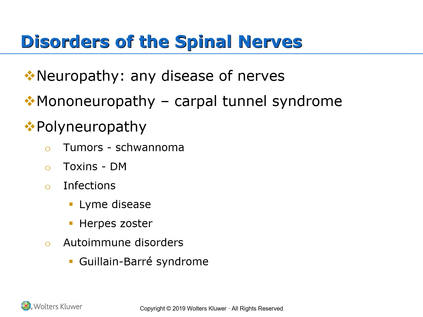Infections, particularly HIV and hepatitis and Lyme disease, can cause polyneuropathy. Herpes zoster can cause shingles, an infectious neuropathy characterized by a lot of blisters along the course of certain nerves, most commonly the thoracic nerves and their branches.